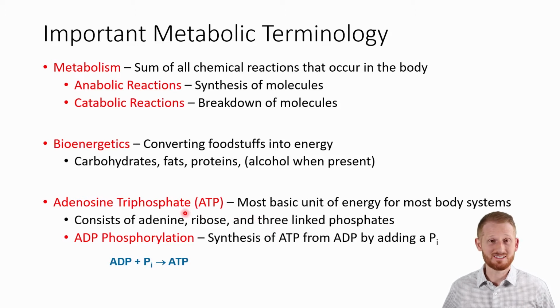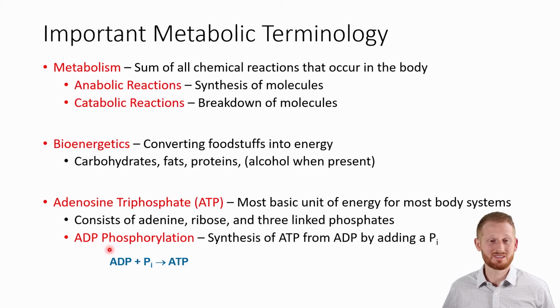So ATP consists of an adenine molecule, a ribose molecule, and three linked phosphate molecules making up the TP part, so the triphosphate. And so when we are making ATP, which is what we do in bioenergetics, we're typically taking an ADP molecule, so an adenosine diphosphate, so two phosphates, and we're adding a phosphate to it, making it into ATP, so three phosphates.